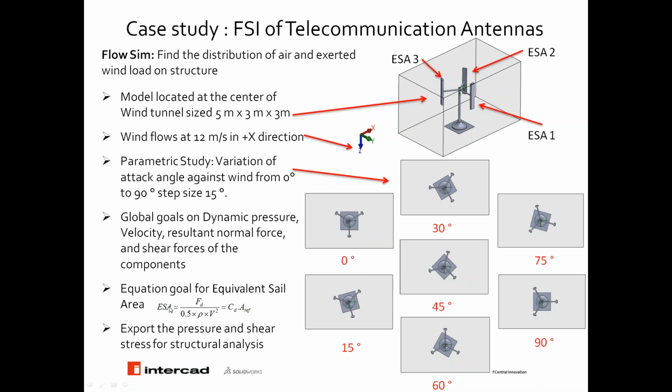Since I would like to create my own formula here to be traced, ESA is simply defined as the force divided by 0.5 times density times velocity squared. Well, it is equal to drag coefficient times, let's say, effective surface area of the antenna. This is not a parameter in your list, therefore I have to create an equation goal for that one.